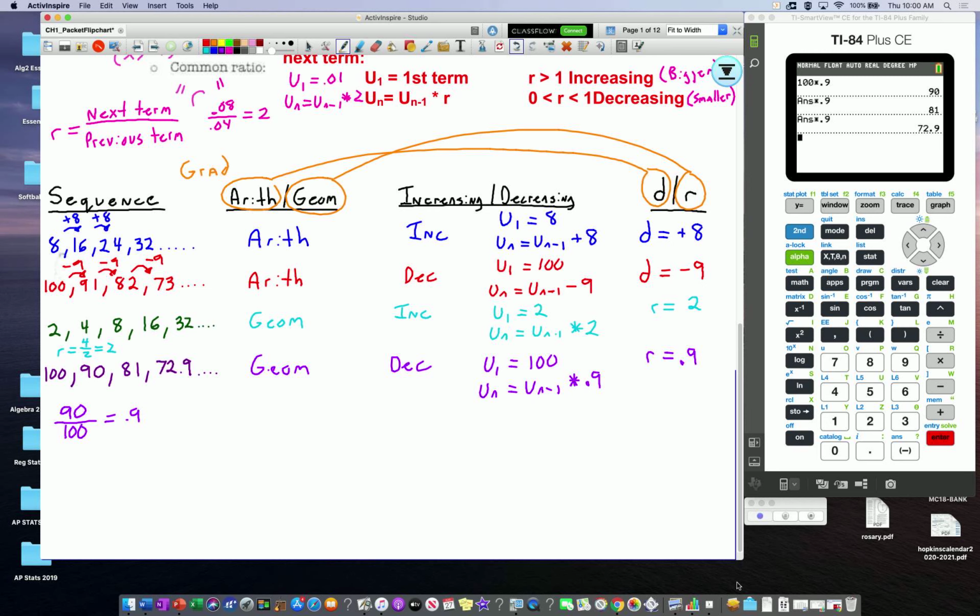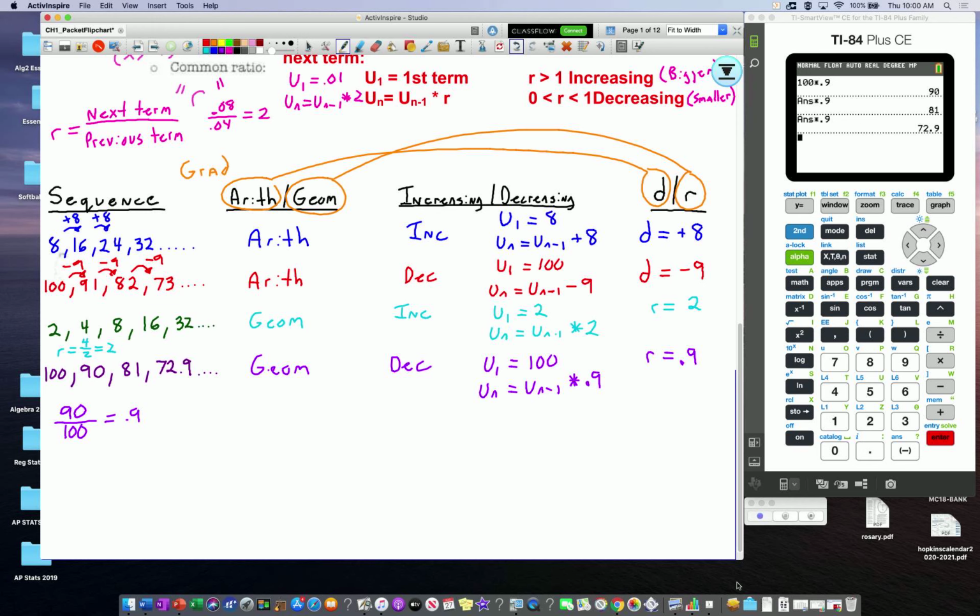I know technically we could say division, in this case instead of multiplying by 0.9, you're dividing it. But I think it's just much easier to convert it to a multiplication problem.